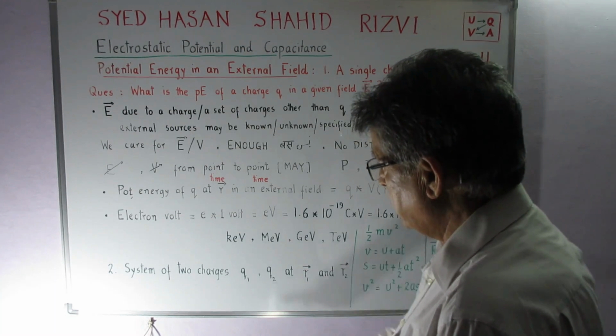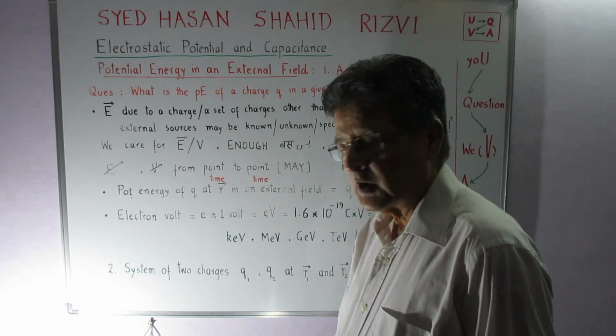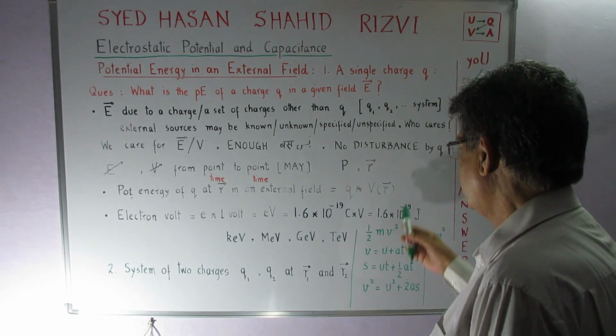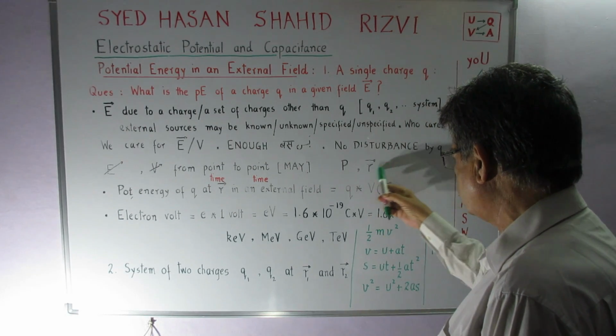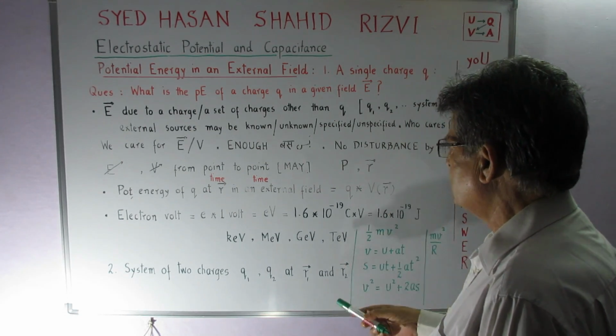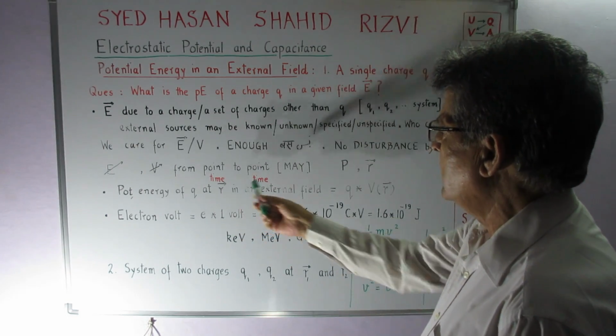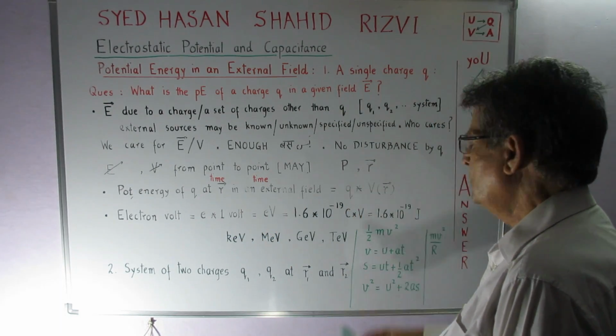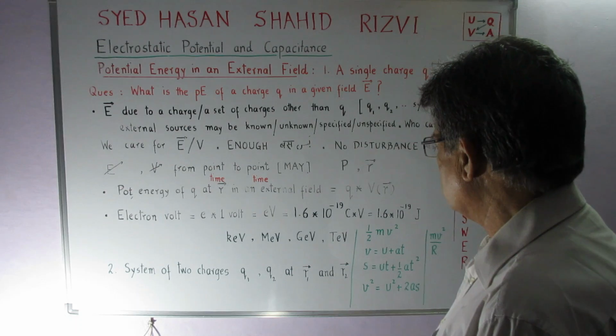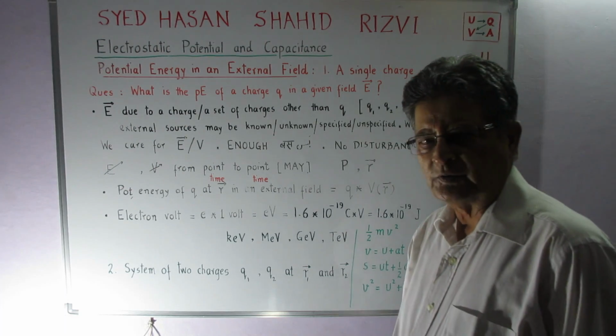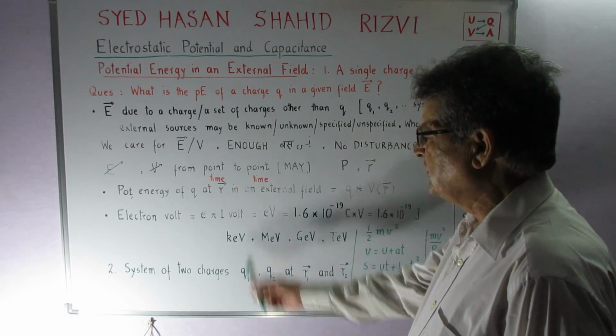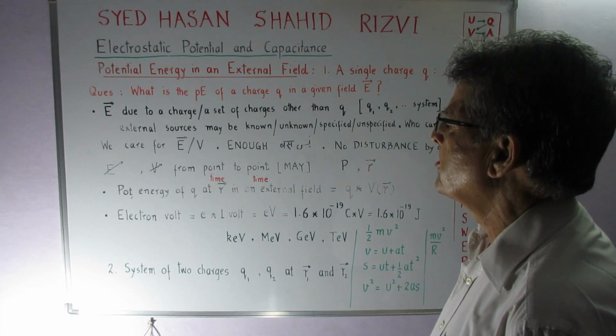What is it? It is the potential energy. If we take the potential difference between two points, of course we can find out the work done, q into V1 minus V2 or V2 minus V1 or whatever. We will see that in due course of time.